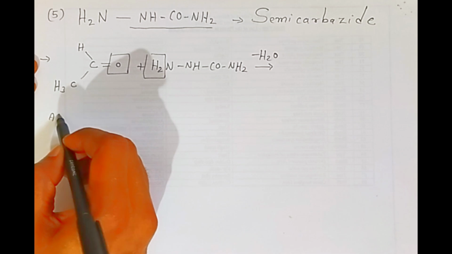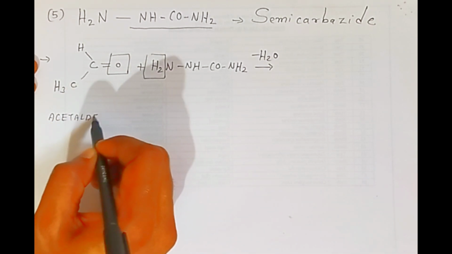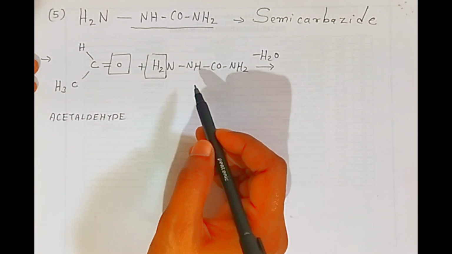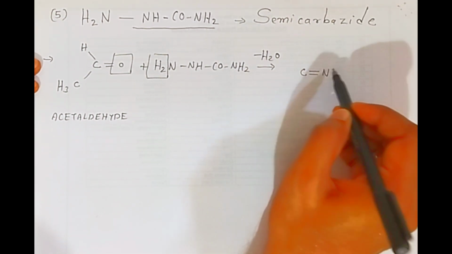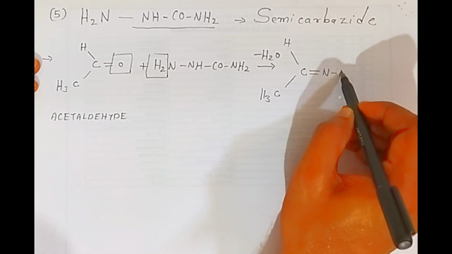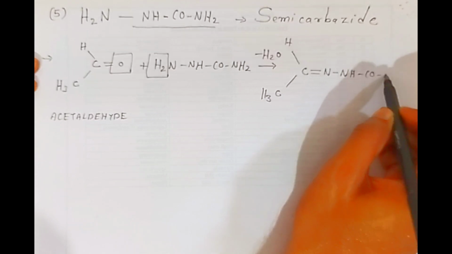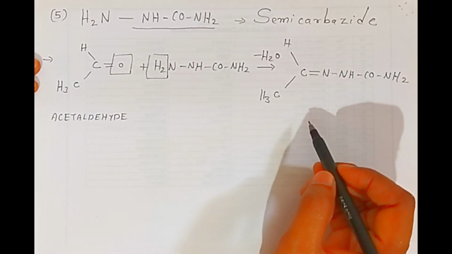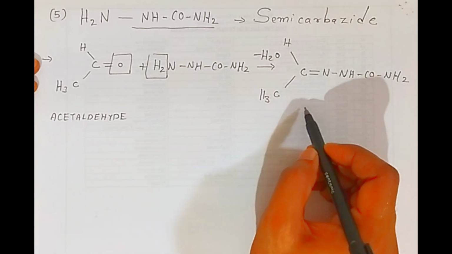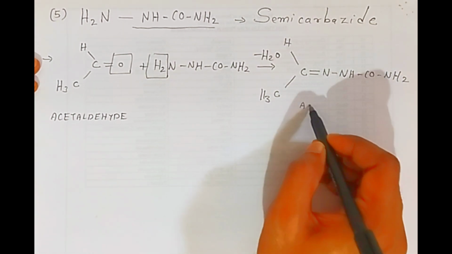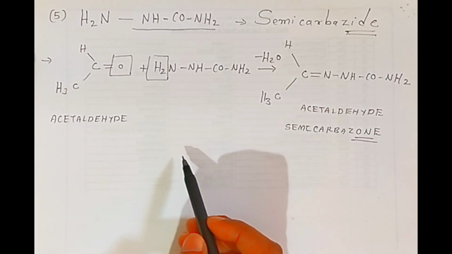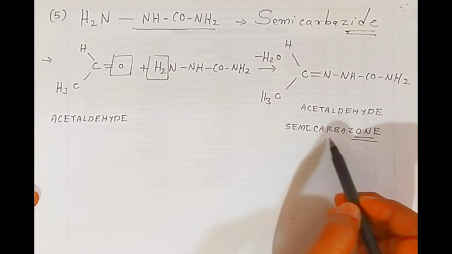This is acetaldehyde, combined with semicarbazide, and there is formation of a carbon-nitrogen double bond. So here, students, we call it acetaldehyde semicarbazone. The 'zide' is converted into 'zone'. Understanding, students? After addition, it is called acetaldehyde semicarbazone.